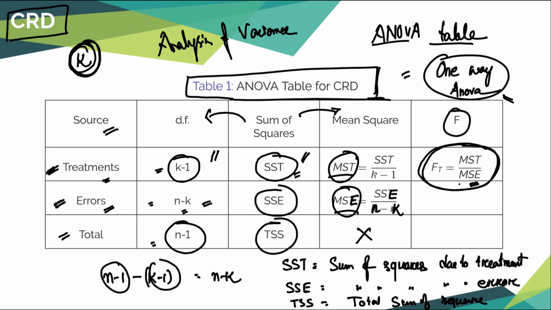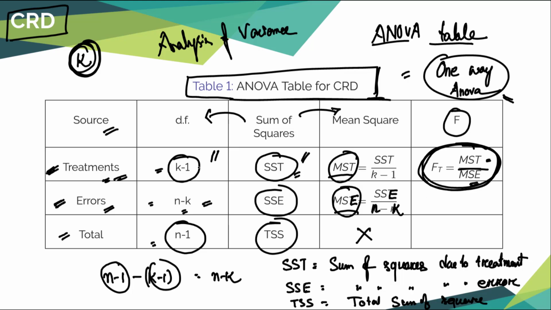So error always lies in the denominator. The thing for which you are calculating F, in this case treatment, goes on top, that is MST on the top and MSE at the bottom. So this is the formula. So how do we conclude from this table?